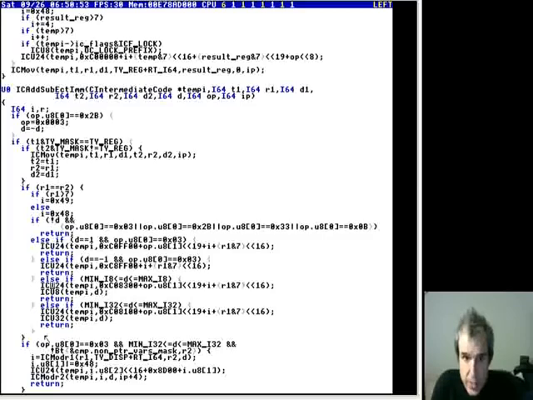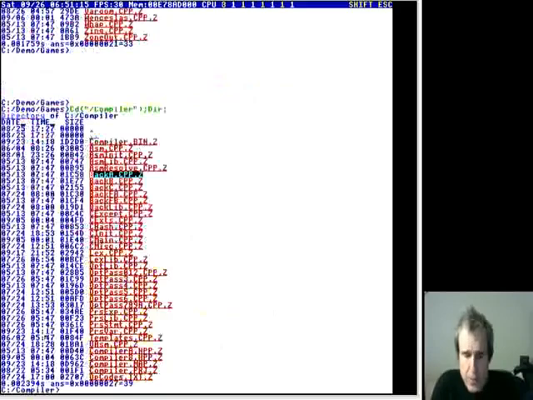This is telling it to do intermediate code U24. U8 is 8-bit. U8 is 1 byte. U24 is 3 bytes. U32 is 4 bytes. Anyway, so let's start over.